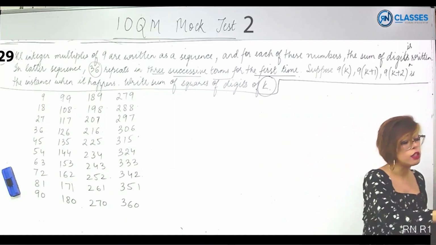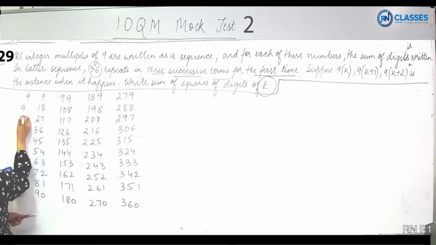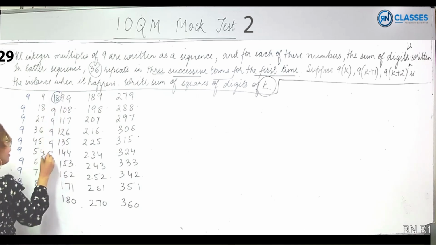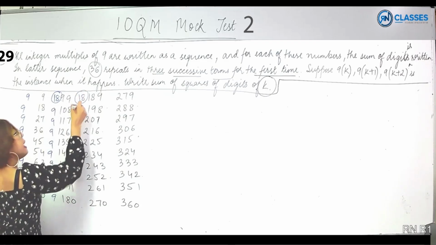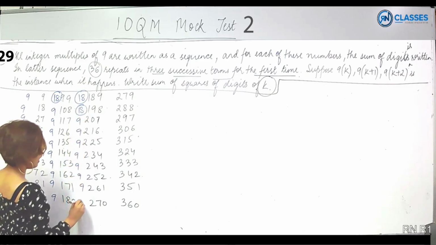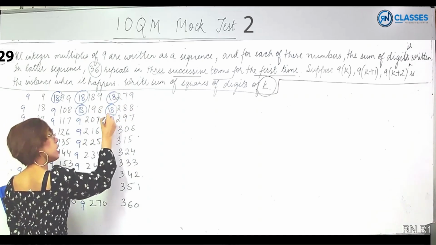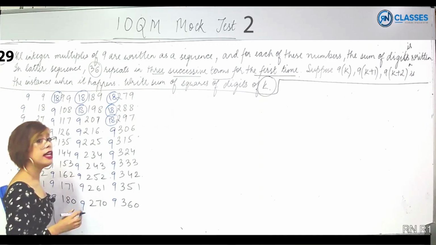First of all, I will need to write the latter sequence, which is the sum of digits. Here, the sum of digits is 9, 9, 9, 9, 9, 9, 9, 9, 9, 9. Then 18, then 9 repeated again, then 18, 18, then 9s again, then 18, 18, 18, and then 9s.